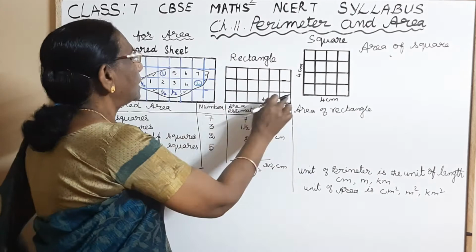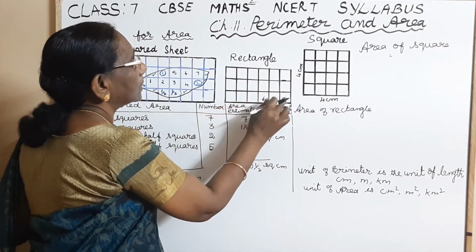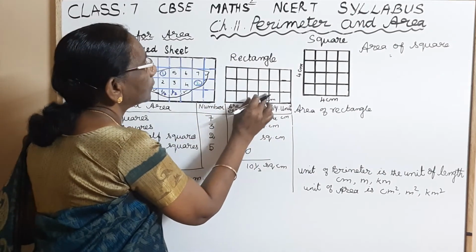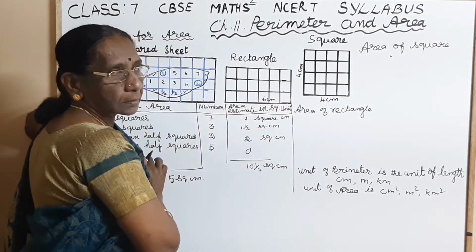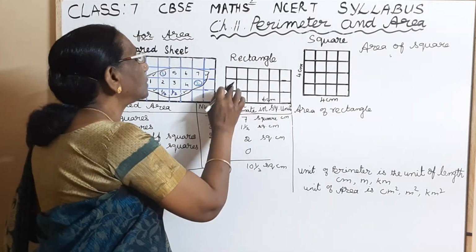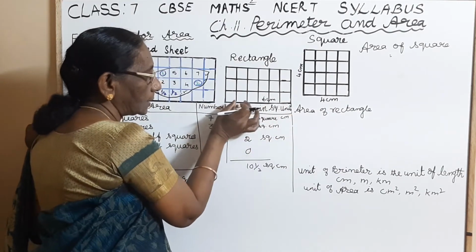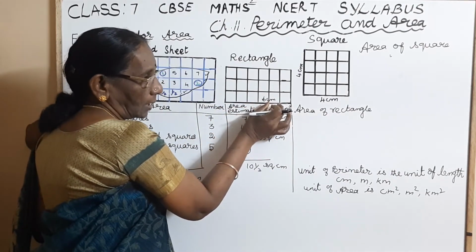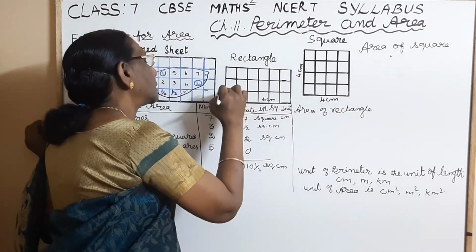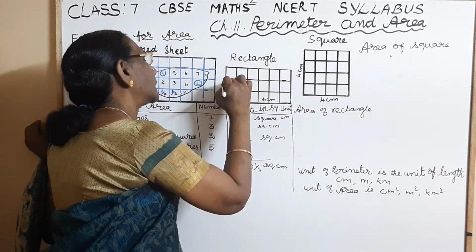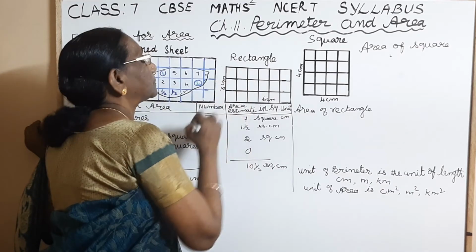This rectangle, the length of the rectangle has 1, 2, 3, 4, 5, 6 unit squares. And the breadth 1, 2, 3 unit squares. So length is 6 centimeter because each square is of length 1 centimeter. So here also, these 3 squares, so 3 centimeter.